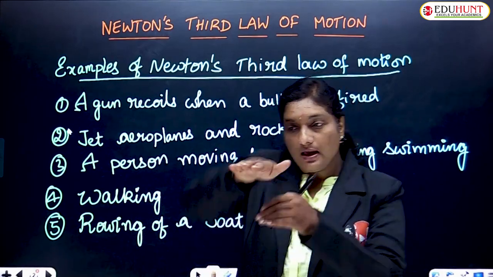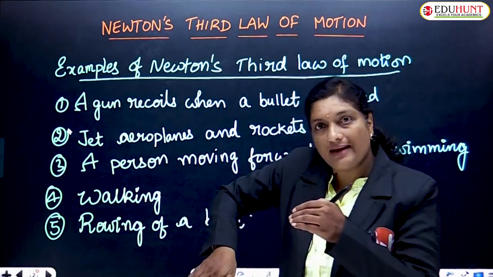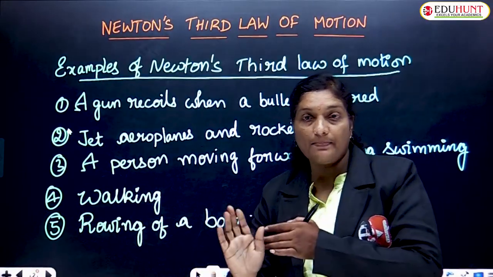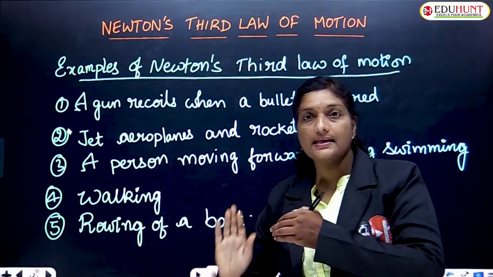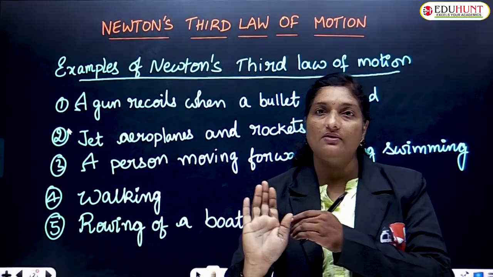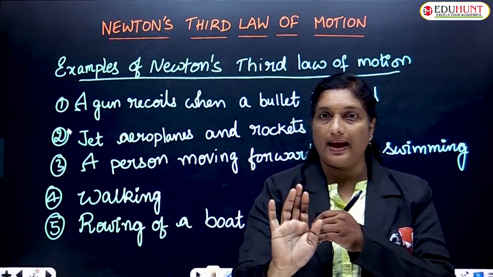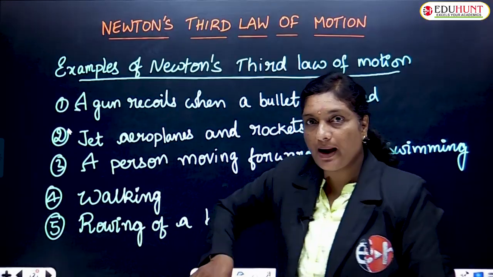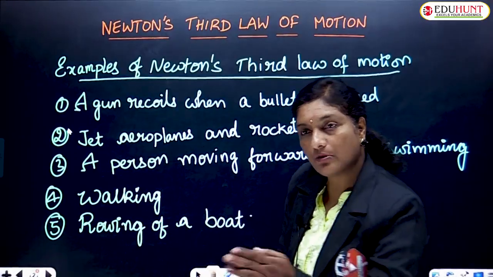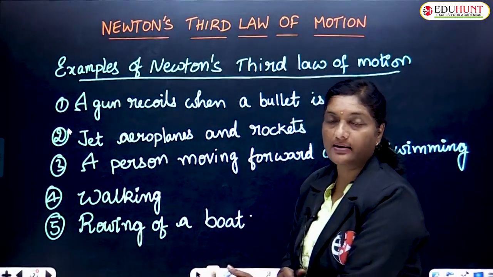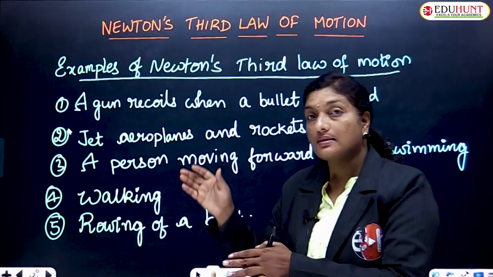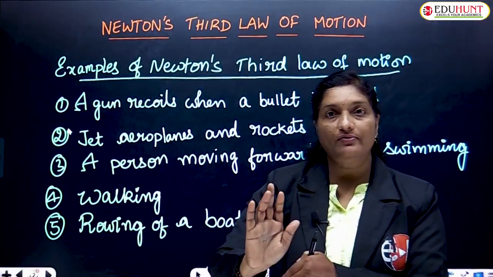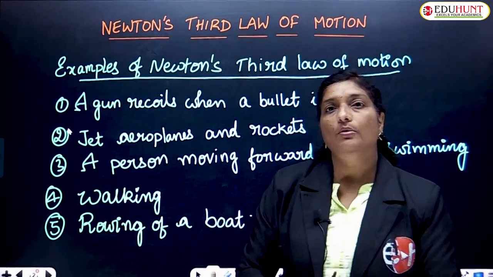This is the action part, and as the reaction part, the ground exerts an equal and opposite force on the foot of the man, and hence walking is possible. So pushing the ground backwards is the action part, and the ground applying an equal and opposite force on the foot of the man, making him move forward, is the reaction part.